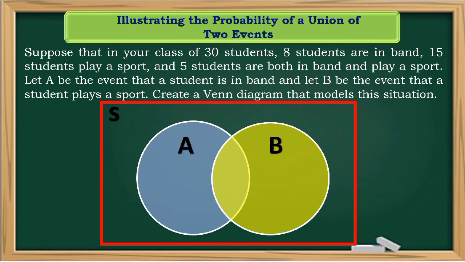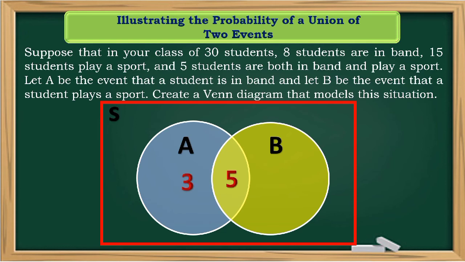In order to fill in the Venn diagram, remember that the total of the numbers in circle A must be 8, and the total of the numbers in circle B must be 15. So therefore, the intersection of the two circles must contain 5.